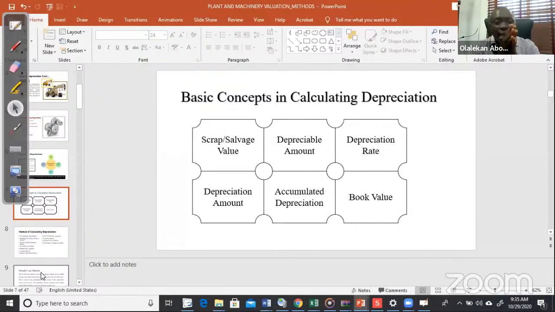Where the leftover of the asset at the end of its economic lifespan in an existing business, or any part of the asset, can still have utilization in any other alternative operation, then that asset is said to have salvage value.